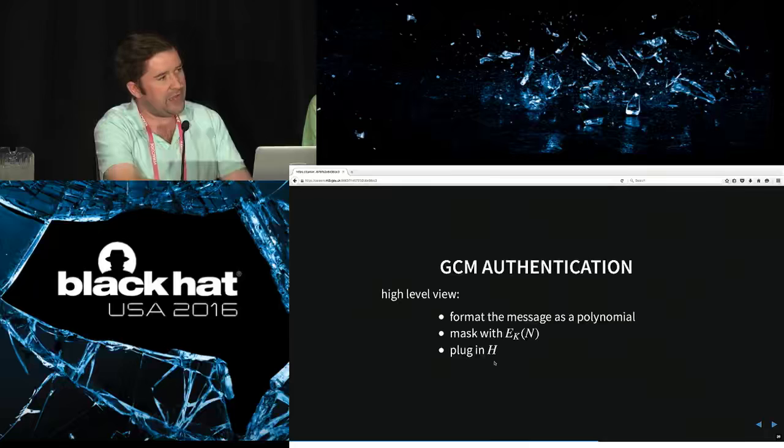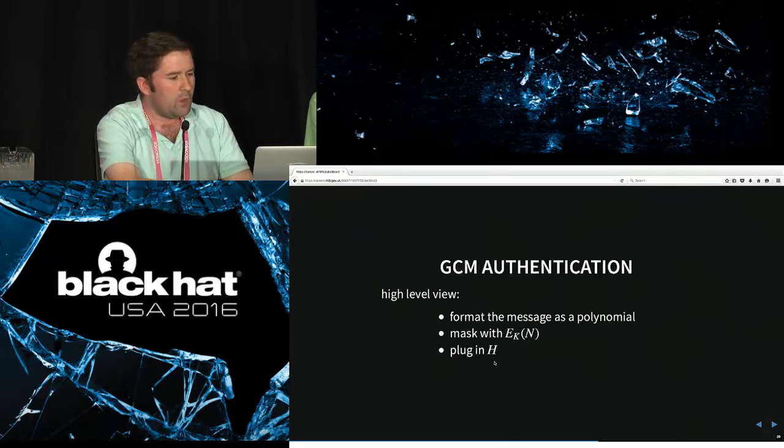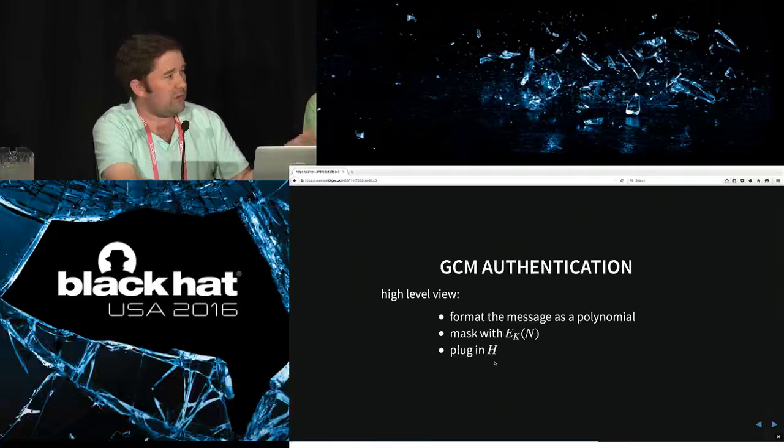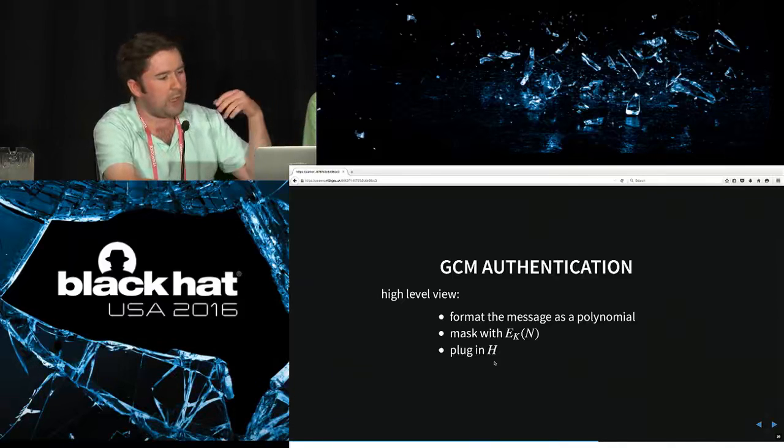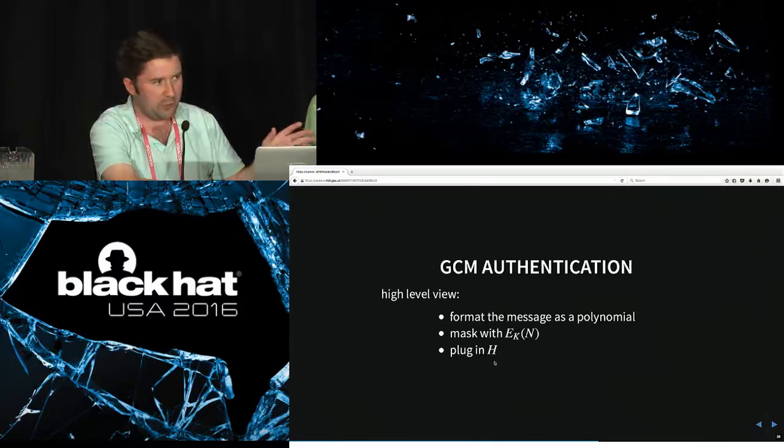So GCM authentication, how does that work? If you actually look at an implementation of GCM, you're going to see a bunch of XOR operations and table lookups and stuff like that. But what's going on at the high level, conceptually, is we format our message as a polynomial, which I'll get into in a second.